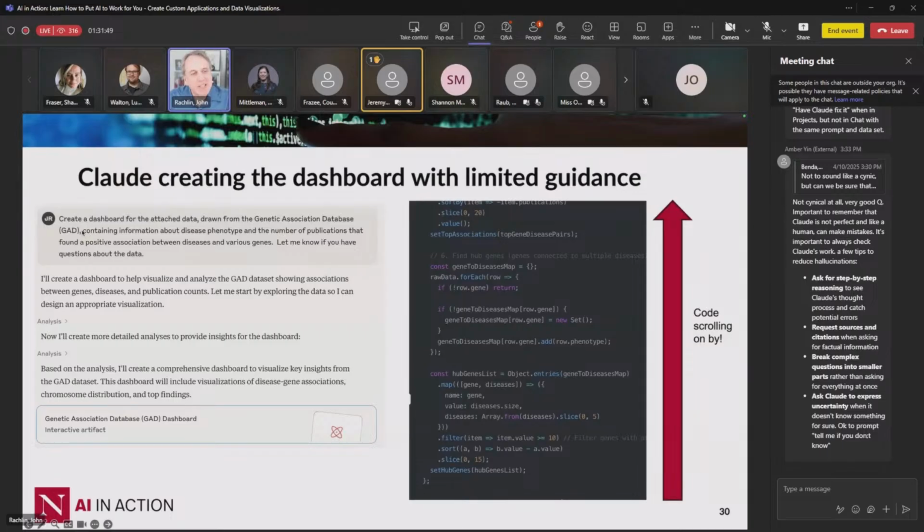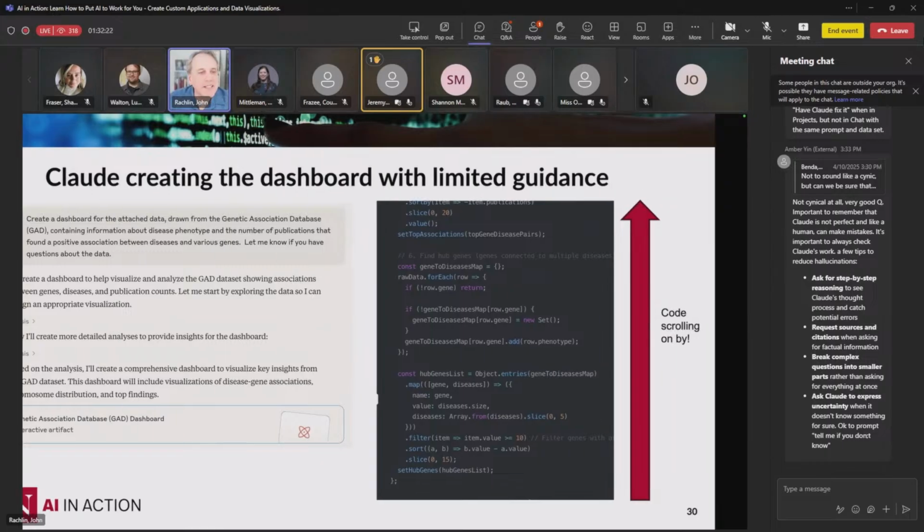And I did give it some hints as to what this data is all about so that it could provide some context. And I think this definitely improves the chances that you're going to get something meaningful out of the data. But notice I didn't specify what I wanted the visualizations to look like or what interactive features I wanted to add. I simply said, here's the data, have at it. So let's have a look at that example and see what we got.